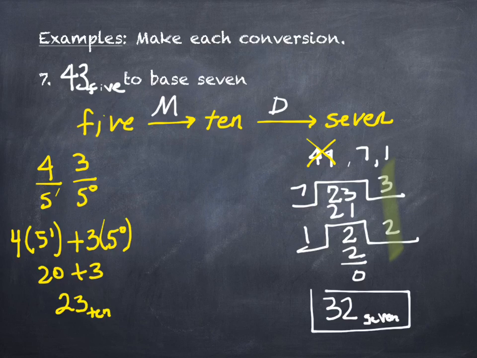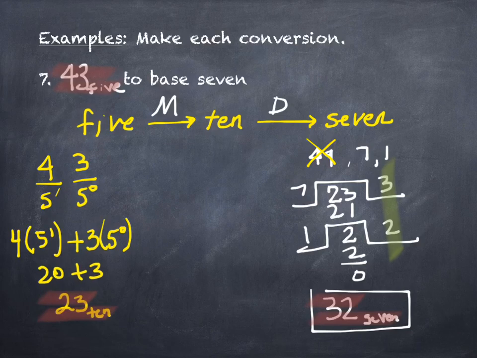Now, just for a second, I would like for you to take a look and think about or compare something that's going on here. The original number I had up here, and then this number right here in base 10, and then the comparable number in base 7. I want you to notice that the smaller the base, which the smallest one of these bases is base 5, the larger the value next to it.